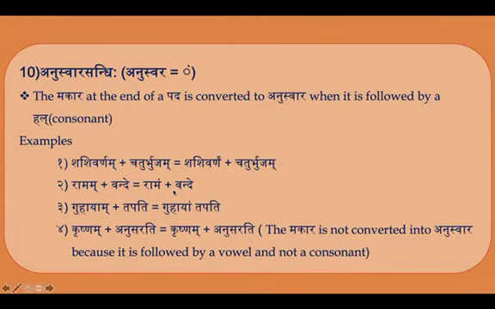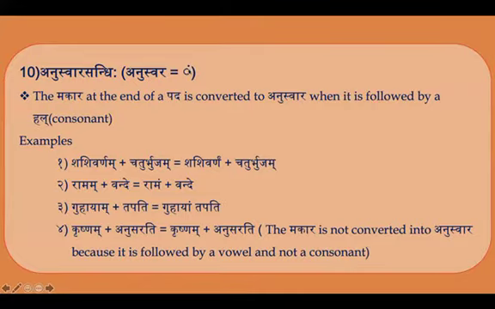Next we will see Anuswara sandhi. Anuswara, as you all know, is basically a makara, which is indicated by a dot. Whenever the makara is followed by a consonant, that makara changes to a dot above the previous sound.